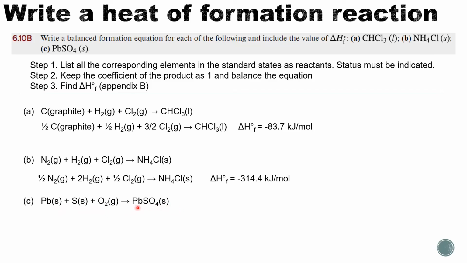Then balance the equation. Both lead and sulfur should have a coefficient of 1. Then oxygen should have a coefficient of 2 to balance the number of oxygen atoms before and after the reaction. Then find the standard enthalpy of formation in Appendix B, and list it right after this chemical equation as negative 918.39 kilojoules per mole.